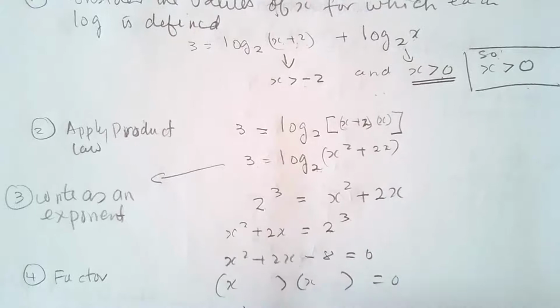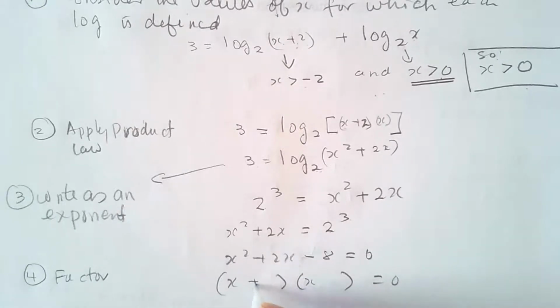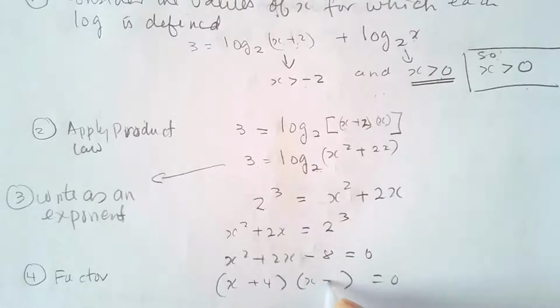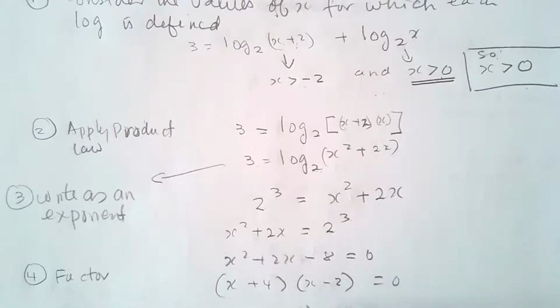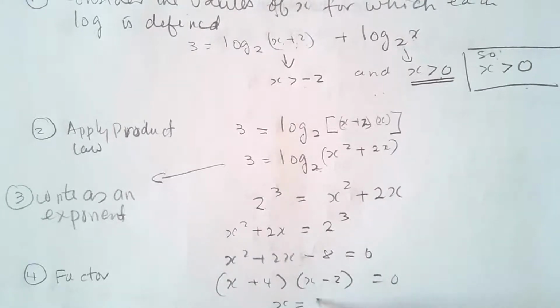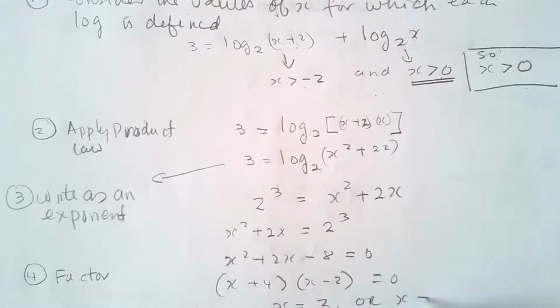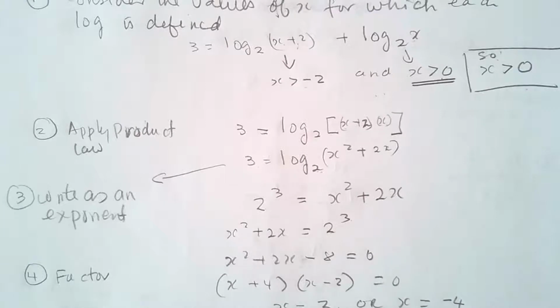So we have x and x. So we have what gives us 4, and this will be -2. Yes. Okay. So we have x is equal to 2, or x is equal to -4.